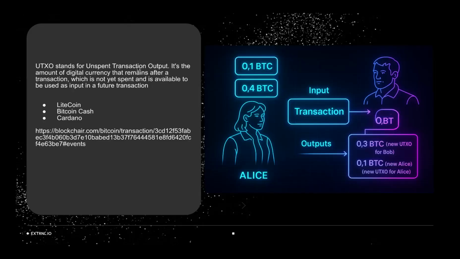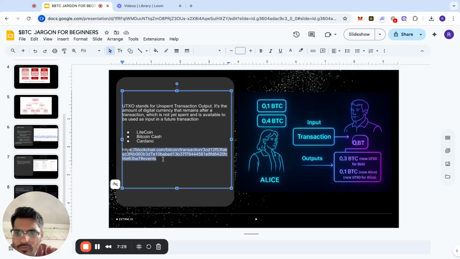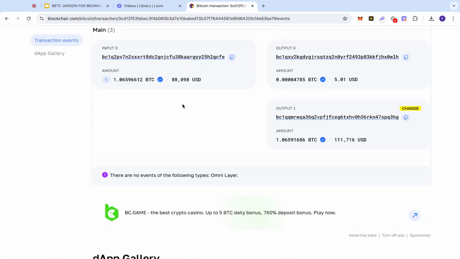This was the core of Bitcoin, and it is also followed by Litecoin, Cardano, and Bitcoin Cash. If I have to show you a live example of how it works, just go through this.